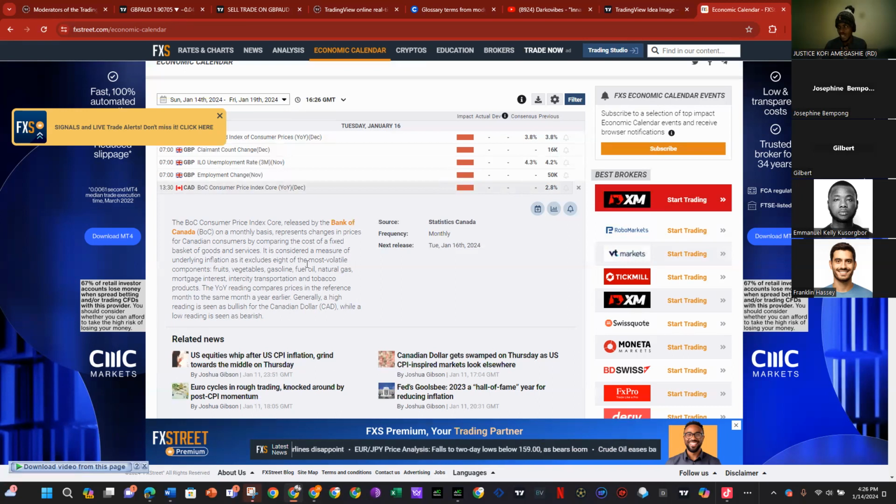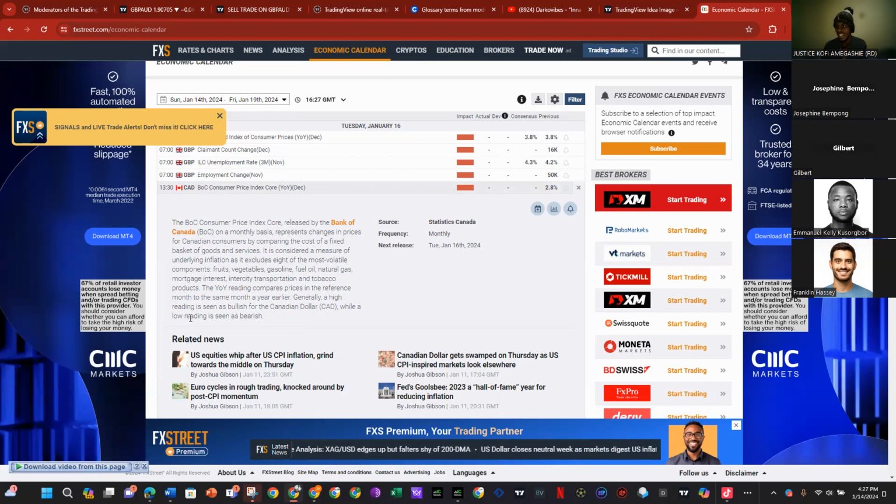It is considered a measure of underlying inflation as it excludes 8 of the most volatile components: fruit, vegetable, gasoline, fuel, natural gas, mortgage interest, intercity transportation, and tobacco products. The year-over-year reading compares price in the reference month to the same month a year earlier.